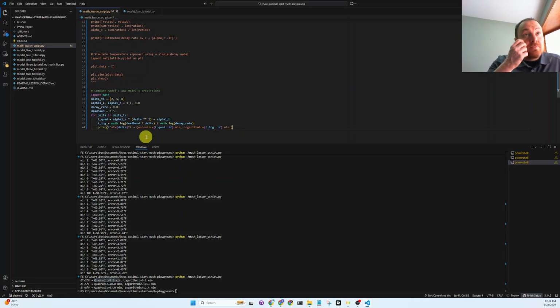So let's look at this a little bit. So these are the deltas. And then this was the model 1 alpha parameters, I think. Yeah, so this is the quadratic formula right here.